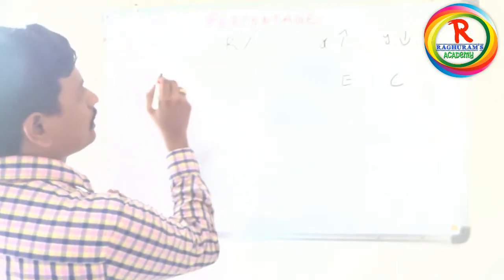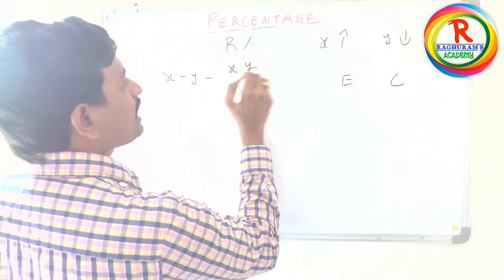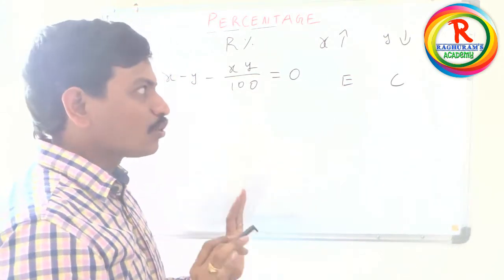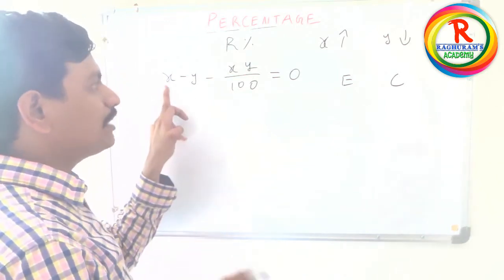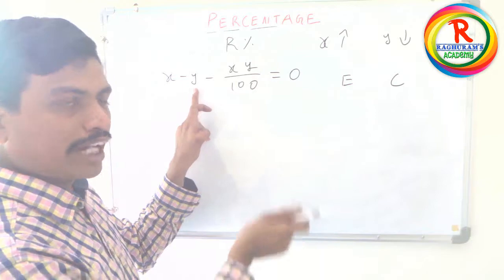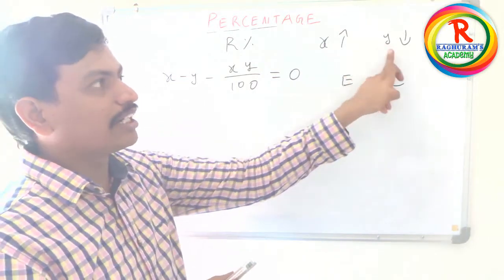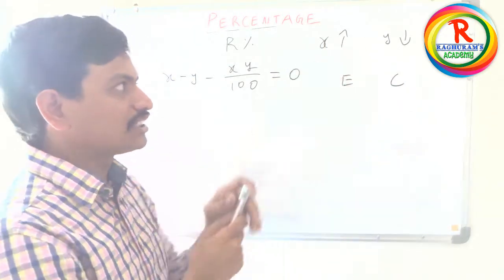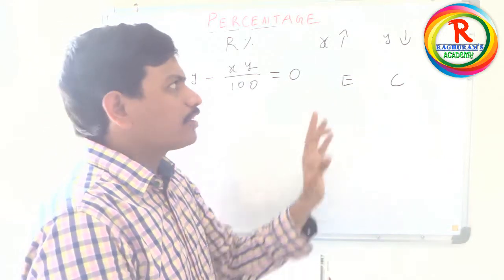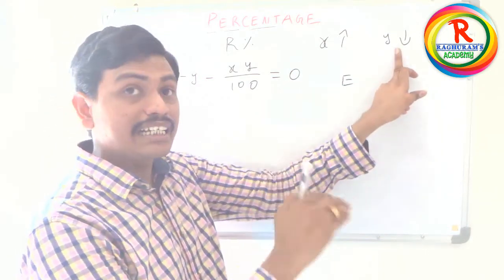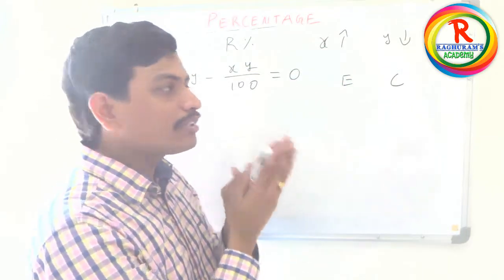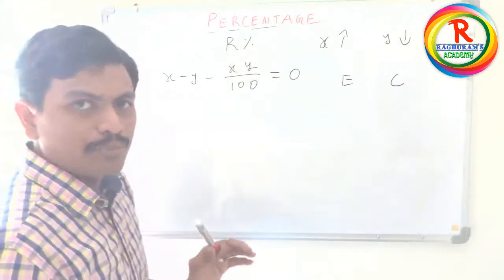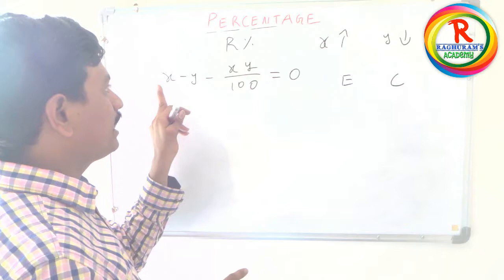So here in this case, x minus y minus xy by 100 remains the same: no increase, no decrease. Suppose x is given, we need to find y, and if y is given, we need to find x. That is, if the increase is given, we need to find the decrease percentage, and if the decrease is given, we need to find the increase percentage. Something is increased, and we need to decrease another so that the number remains the same, no change, that is zero change. For example, y is given and we need to find x.